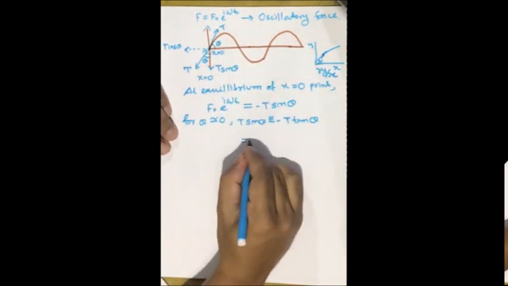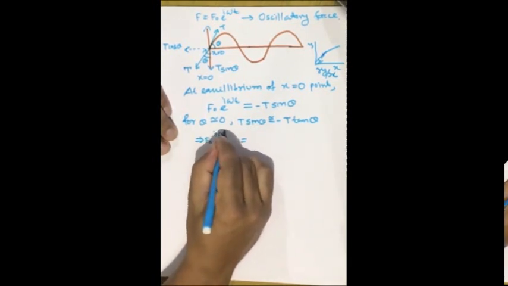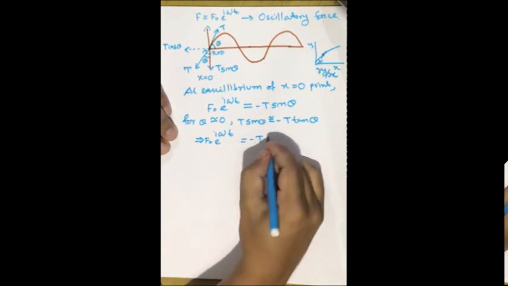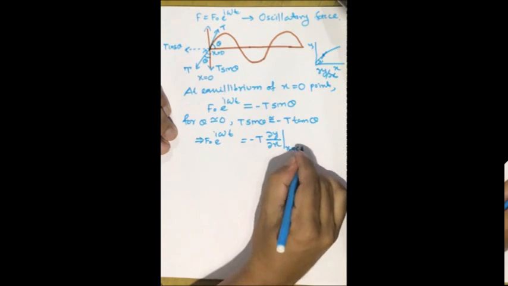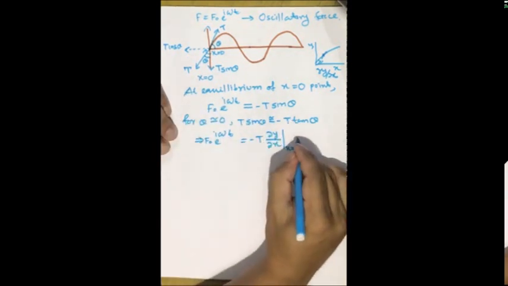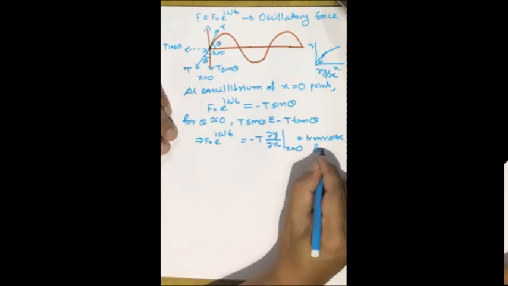Okay, so we can write F naught e to the power i omega t is equal to minus T del y by del x at x equals 0. This is known as the transverse force.